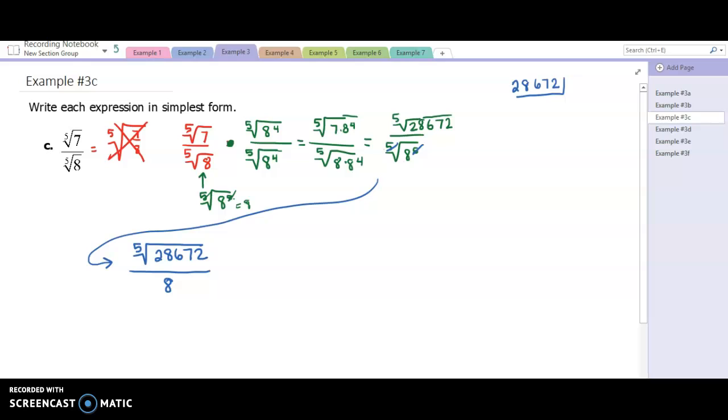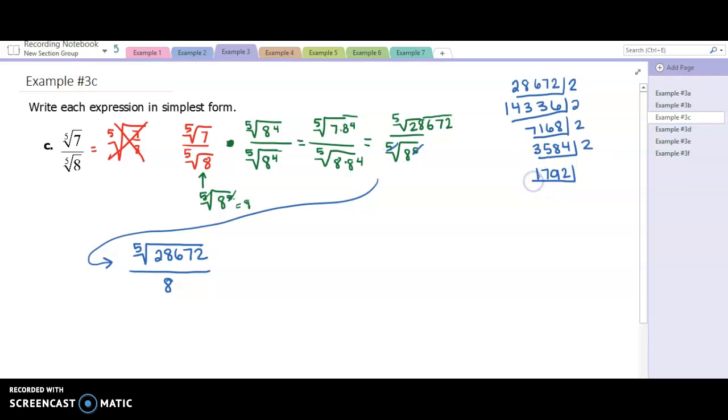Okay, so this is an even number, so we know that 2 goes into it. And if you divide this by 2, you get 14336. Once again, we have an even number, so 2 goes into that. 7168. 2 goes into that. 3584. 2 goes into that. 1792.